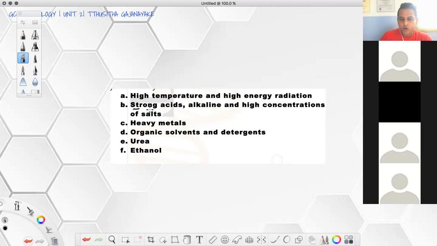Then strong acids, bases, high concentrations of salts, heavy metals, detergents, urea and ethanol. So this is the list which can destroy protein structures.